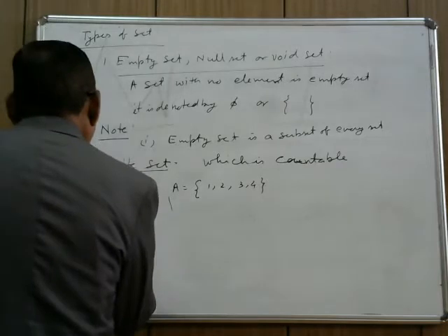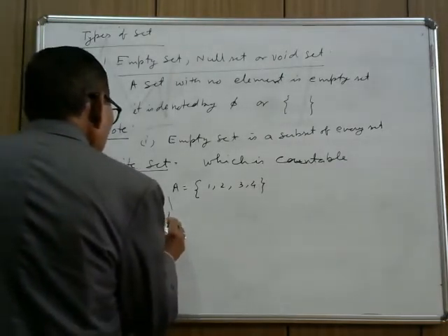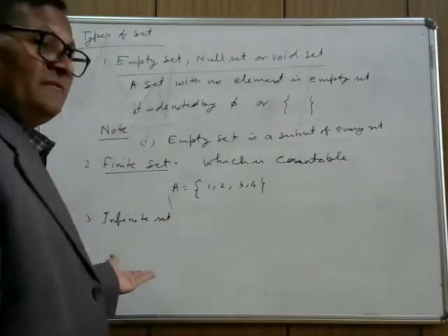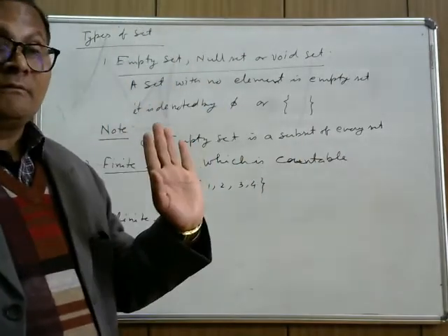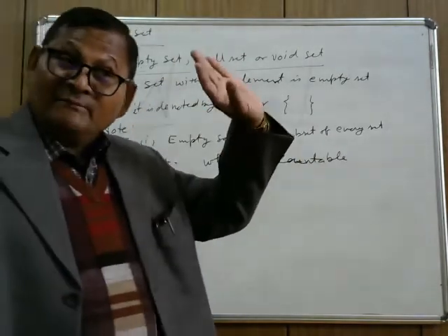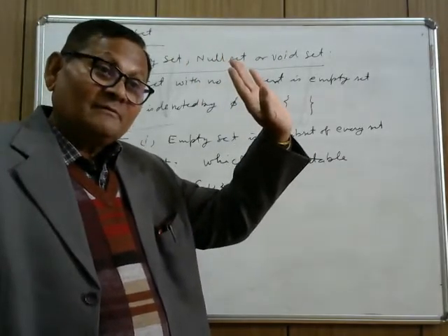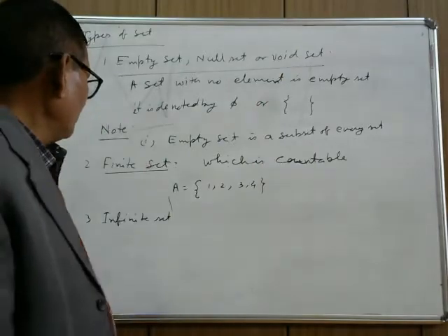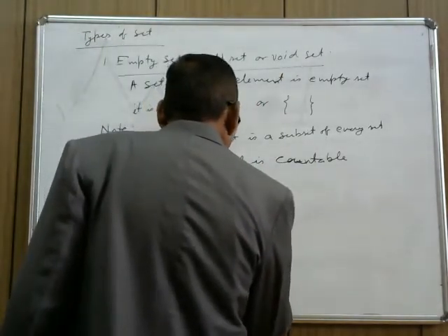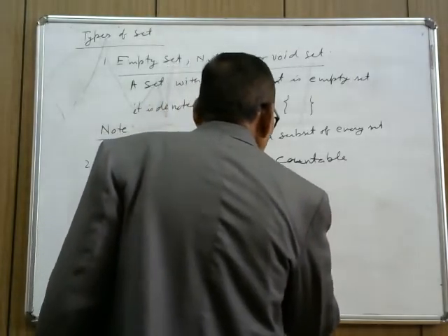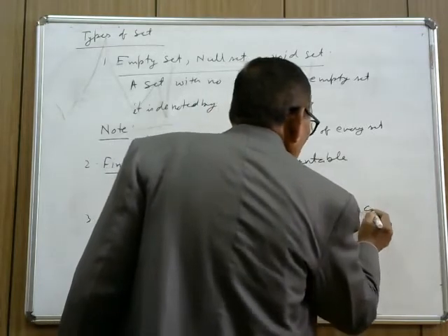Another, third, is the infinite set. Again a set whose elements are uncountable. How many animals in the forest can you count? It is uncountable. An infinite set is one whose elements are uncountable.